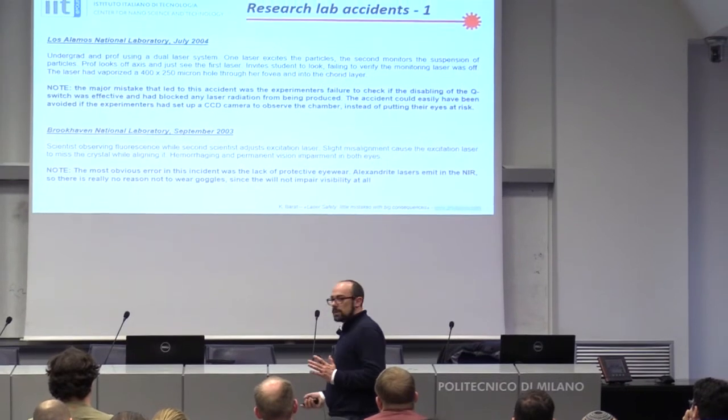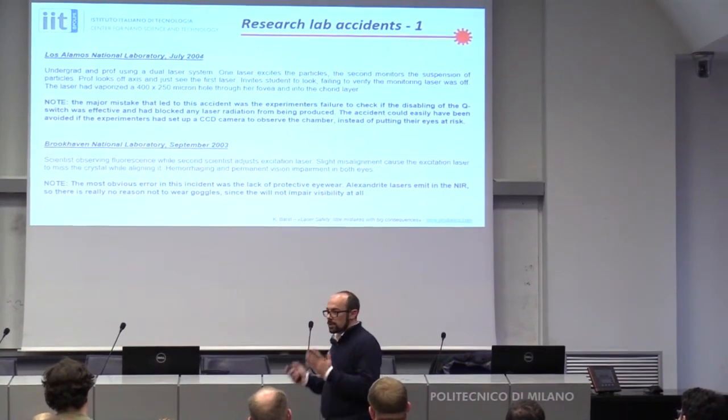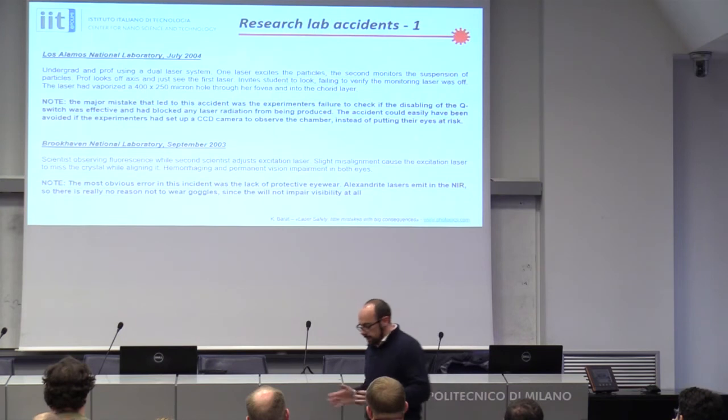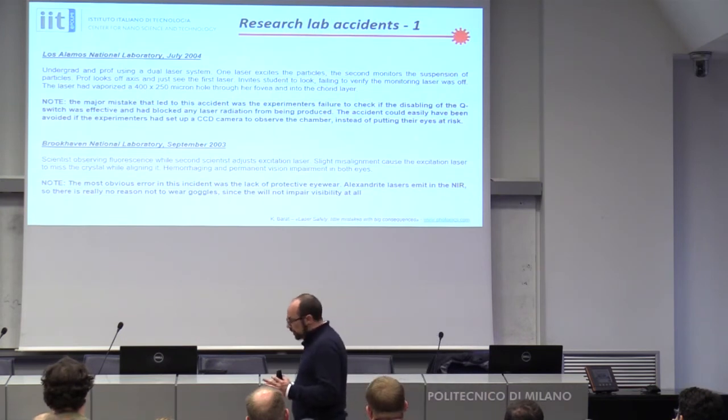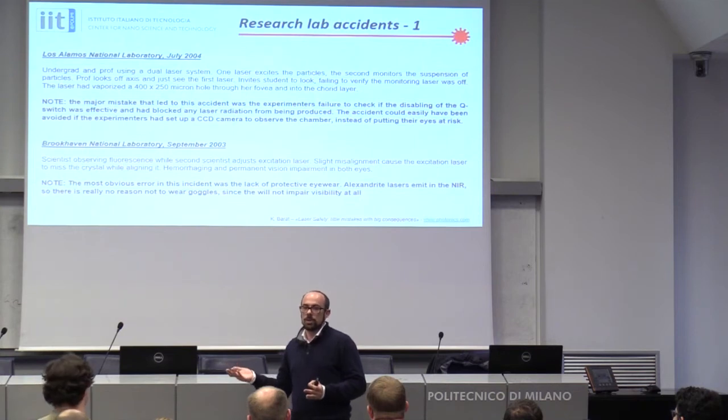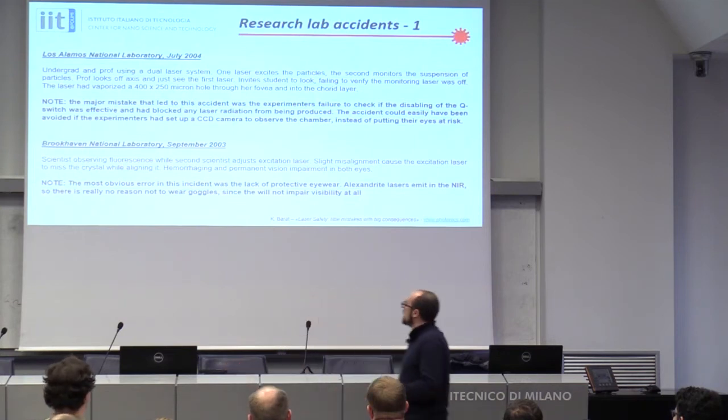Then he called the undergraduate student, and the student also looked, but they didn't realize that the second monitoring laser was on. And since the student didn't put herself, I think it was she, in the same position as the professor, but just slightly on the side, the professor didn't see the second laser, but unfortunately she saw it, because it was in her eye in the end.